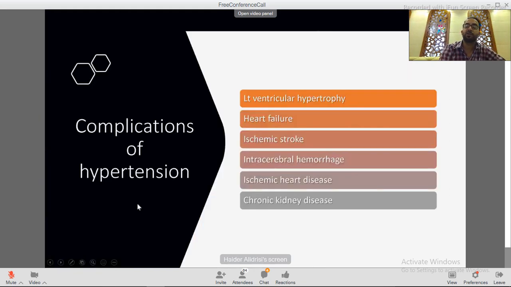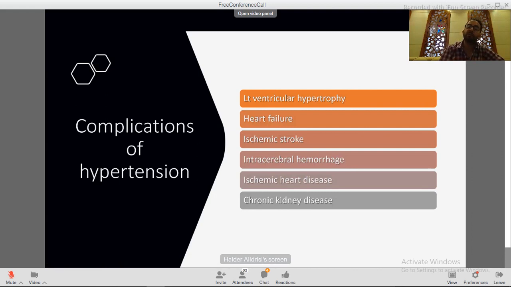Complications of hypertension. Untreated hypertension will result in these complications: left ventricular hypertrophy, heart failure, whether diastolic or systolic heart failure. Ischemic stroke, it is a leading cause and the most important risk factor for stroke, especially ischemic stroke.